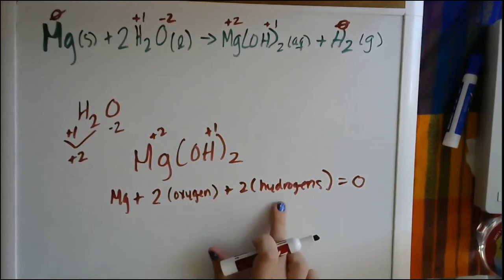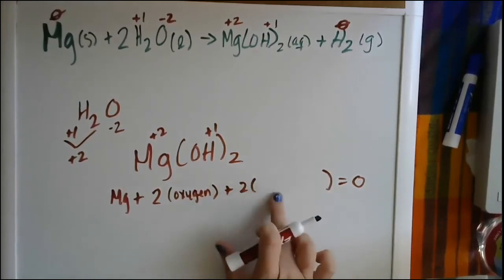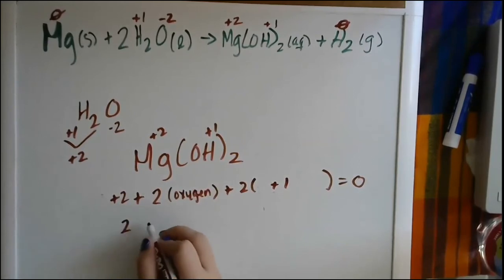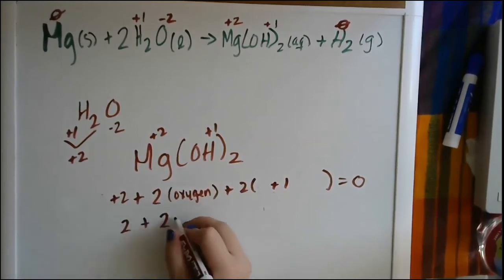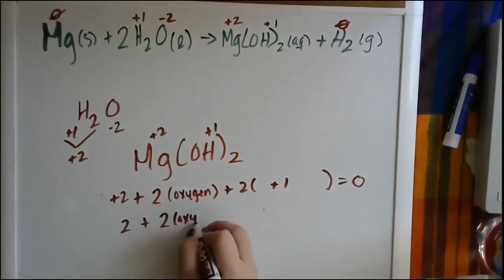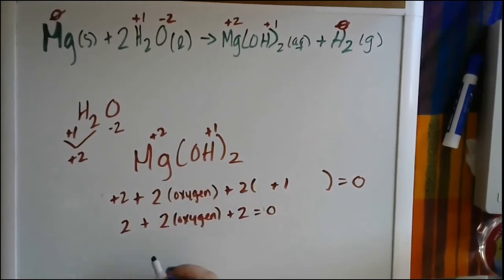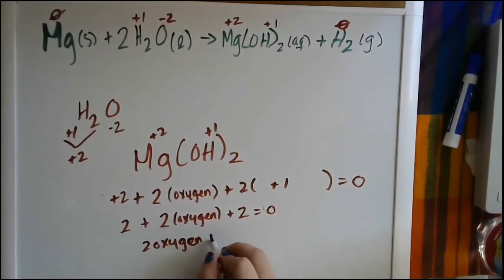It's just that in this case, we know that the hydrogen oxidation state is +1, and we know that the magnesium oxidation state is +2. So we have 2 plus 2 times oxygen plus 2 equals 0, or 2 times oxygen plus 4 equals 0.